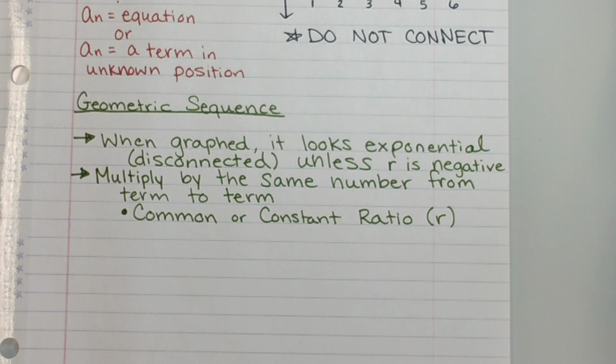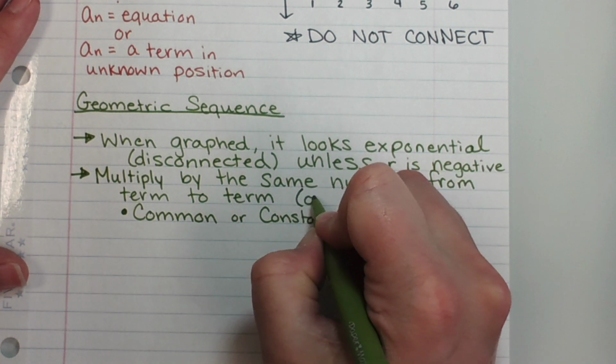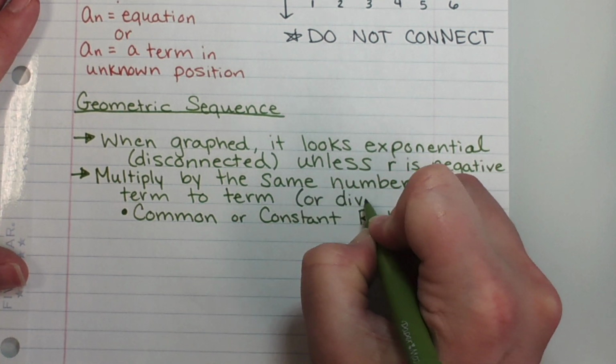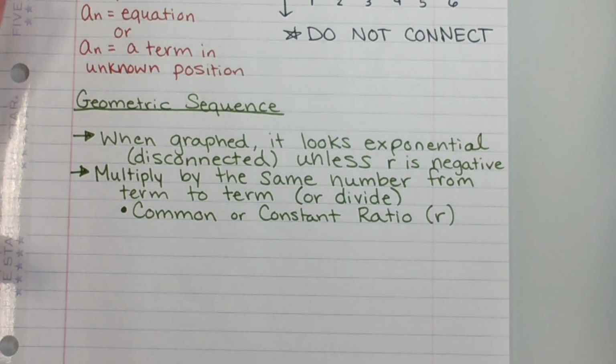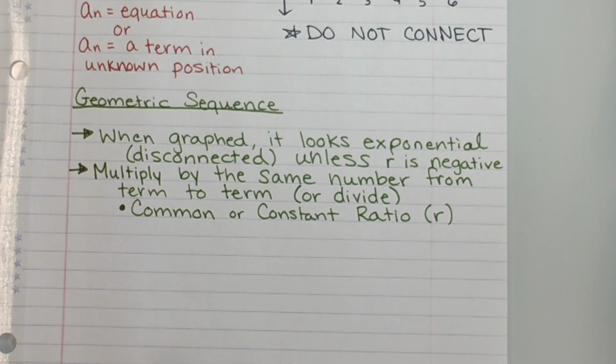Because to divide by something is to multiply by its reciprocal. Dividing is multiplication in disguise. So if it divides by the same thing every time, it is geometric. It just, by definition, we're still focusing in on the multiply.